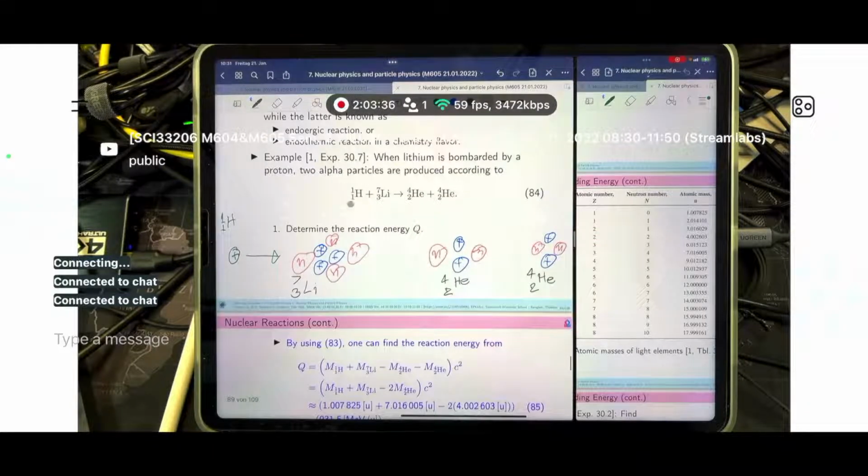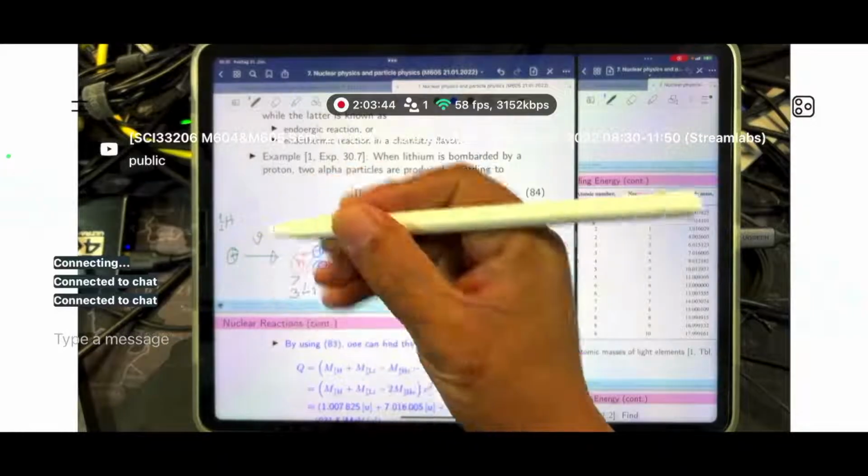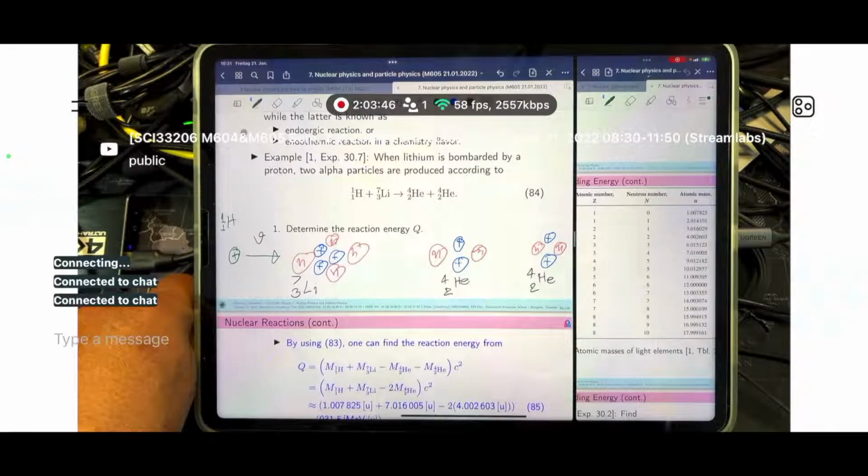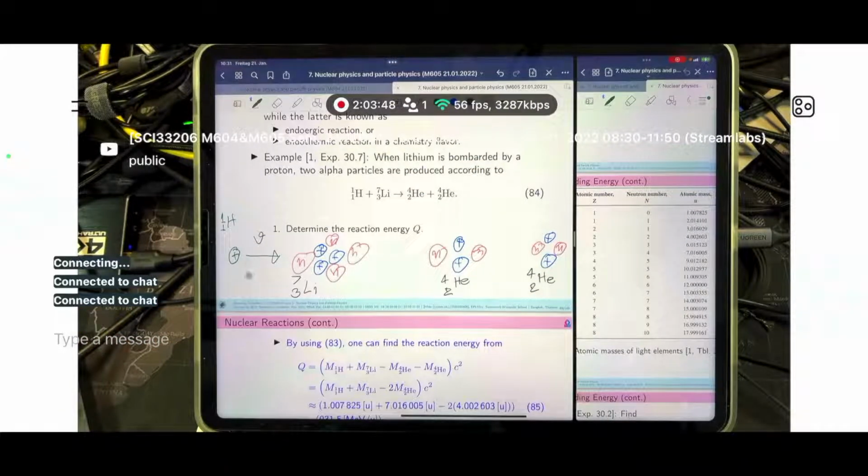Of course, at the input side they may have kinetic energy because this one is moving with high speed v, so the kinetic energy exists for some value. But after the crash, after the decomposition into two pieces, these are alpha particles.